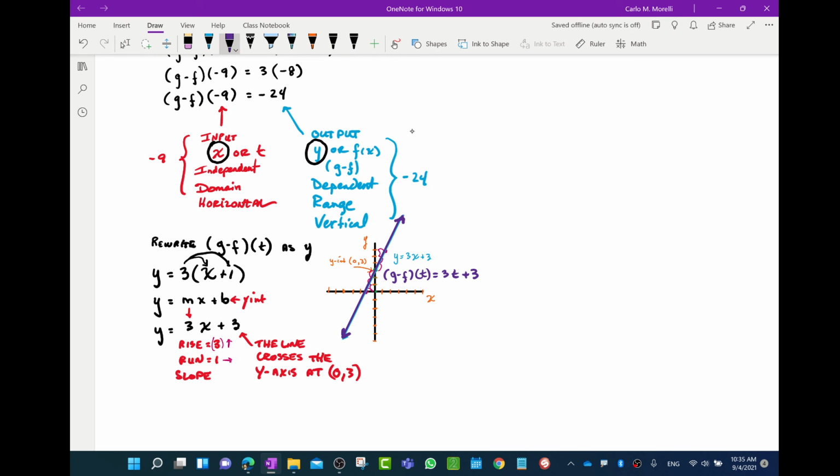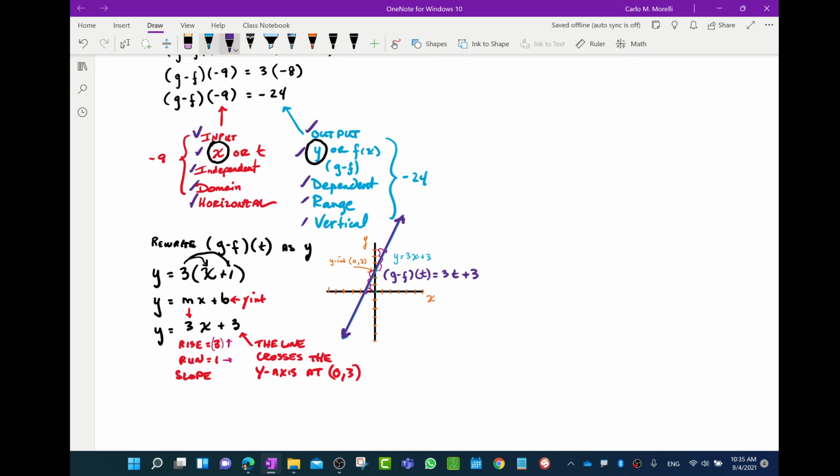Functions can be written as lines, as the equation of a line. It is really important that you understand these things about the input and the output, so you understand what you're doing. When you input -9 and you evaluate the difference of g and f, you get -24.